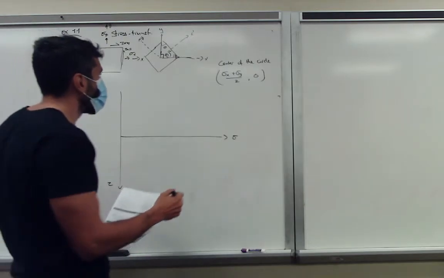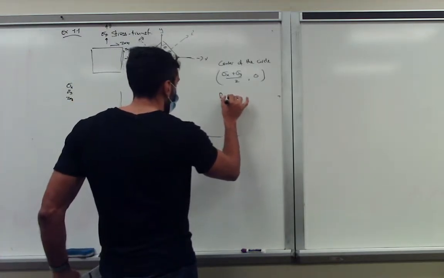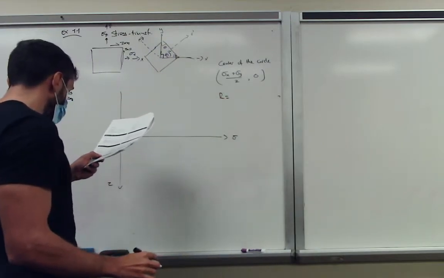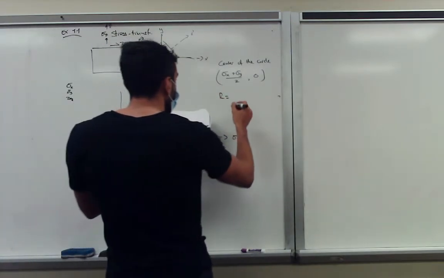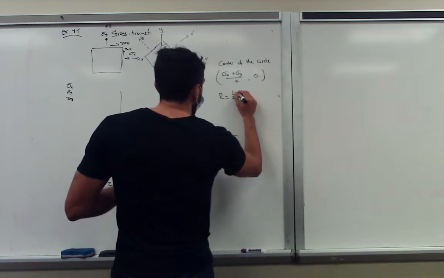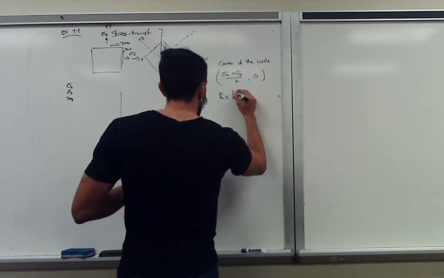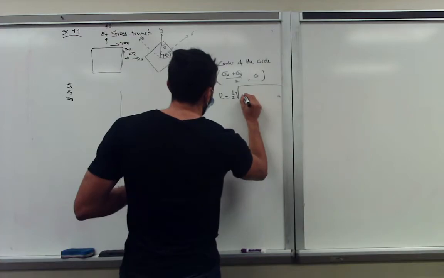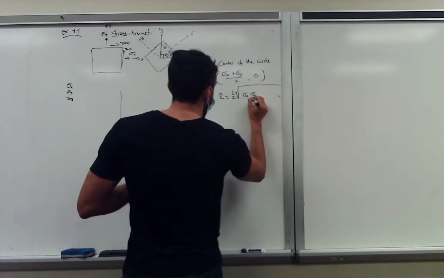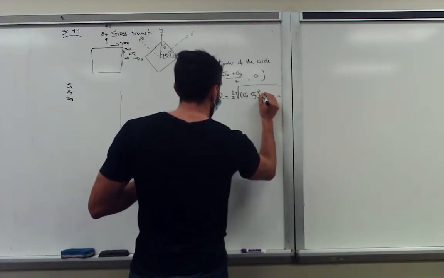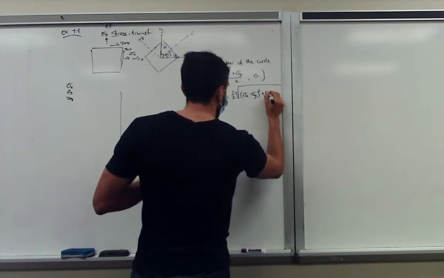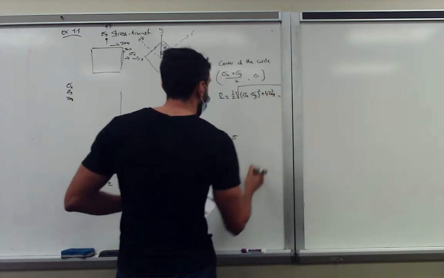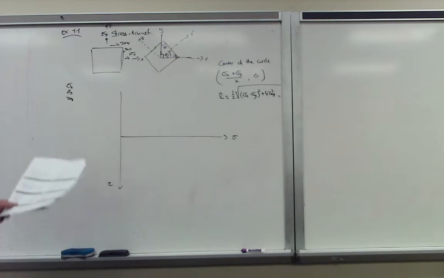We also know that the radius of the circle, r, is defined similarly to our principal stresses: the square root of (sigma x minus sigma y) squared plus 4 tau xy squared, all over 2. So those are the two conditions that we can use.